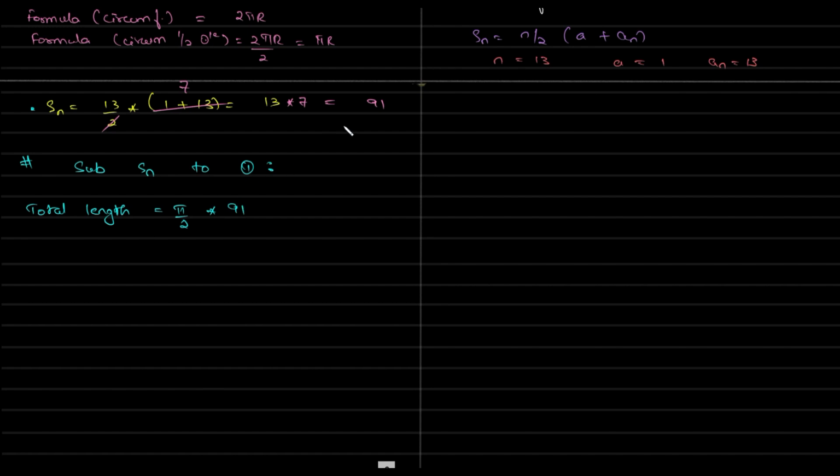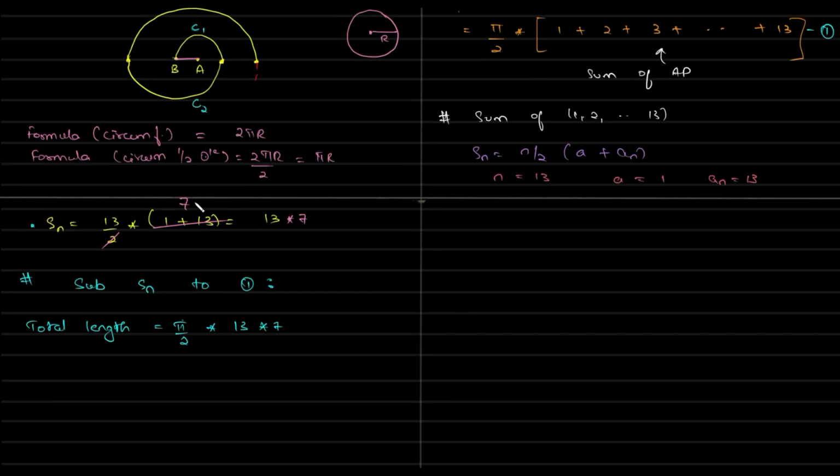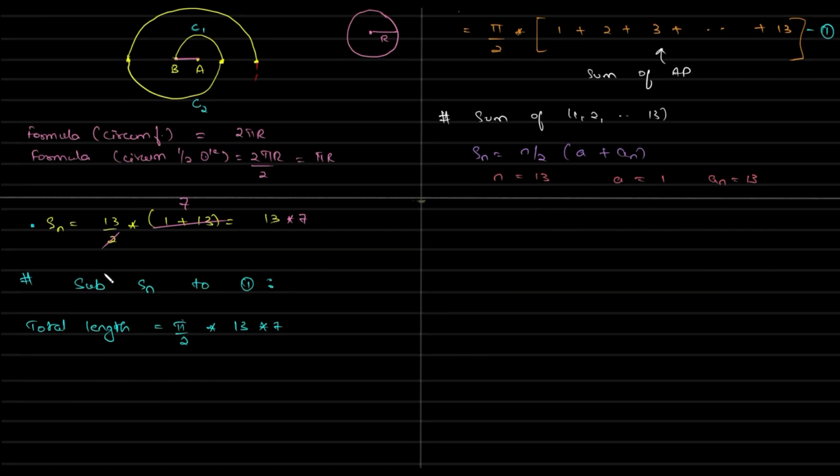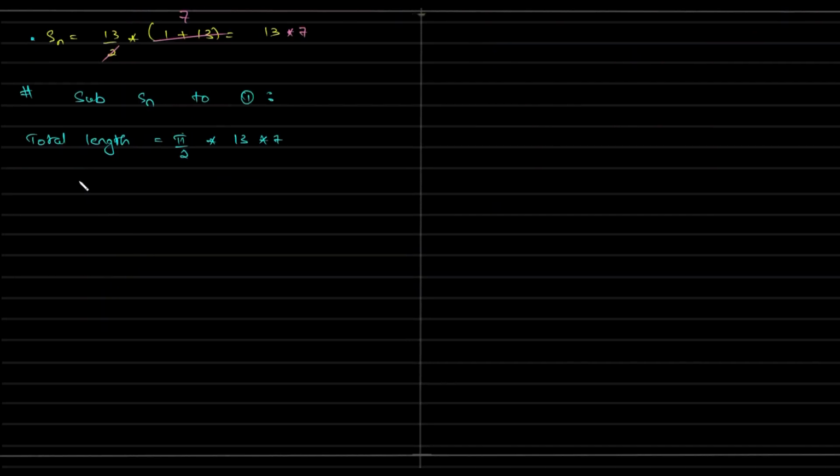Actually, instead of 91, I'll write it as 13 into 7 itself. I'll show you why. Now they asked us to take the pi value as 22 by 7. You can see the question here. So let's take half into 22 by 7 into 13 into 7.